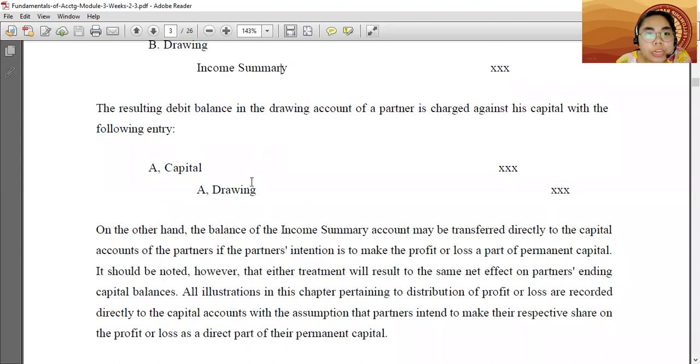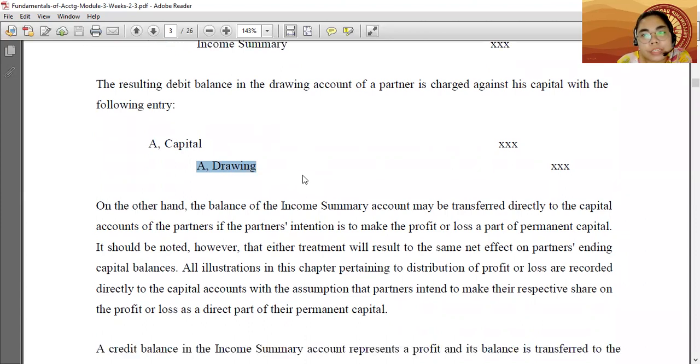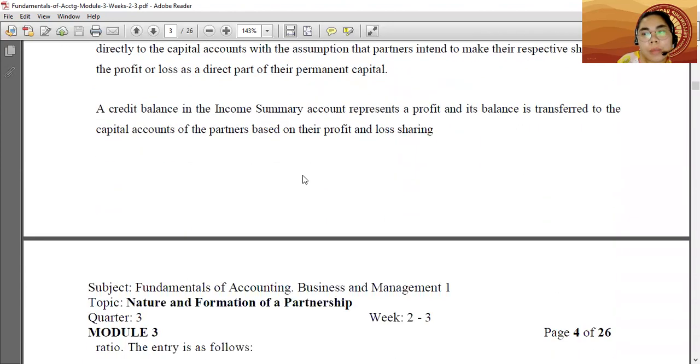Anyway, whichever way, it's still the same. But in practice, it's the capital account that we use, not the drawing. So this charging of drawing accounts is a long process, and the partners usually want their accounting to be simple. Usually they don't want to change their capital; they want to keep their capital accounts intact.